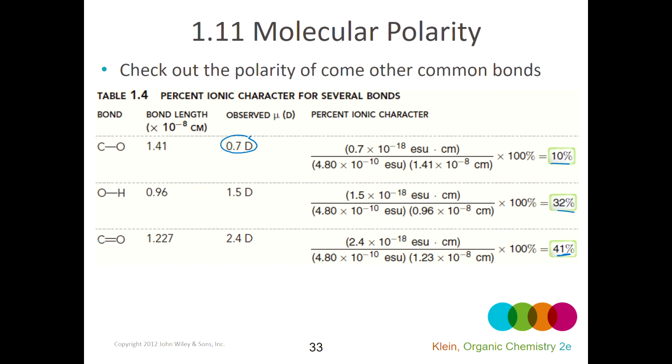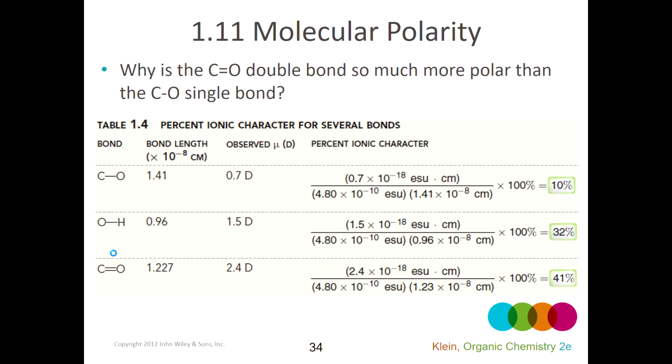But we can look at the CO double bond and note that the CO double bond is more ionic or more polar than the CO single bond by a fair amount. And the reason for that is because the pi electrons especially are not that tightly held between the nuclei. Right? So when we look at a CO single bond, that's strictly a sigma bond.